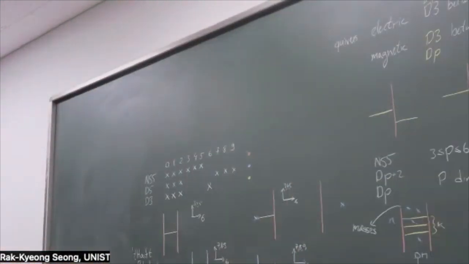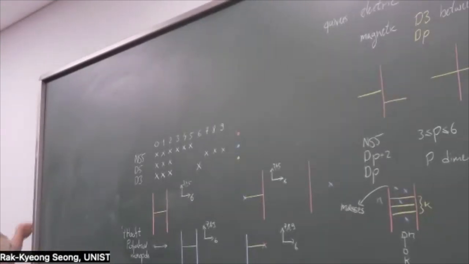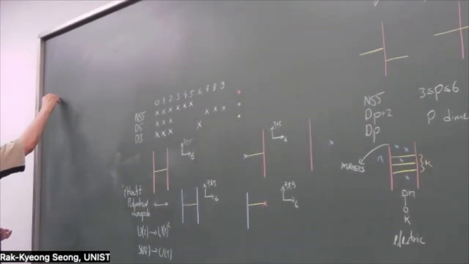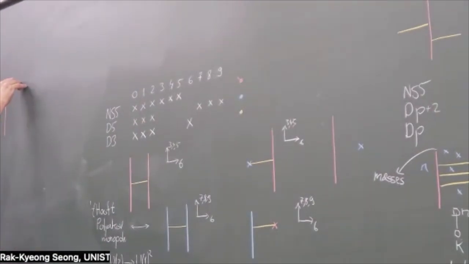We can also do a non-abelian configuration because it's slightly confusing. If you haven't tried, you might get confused when you do this case. So let's do the case 2 and 4.